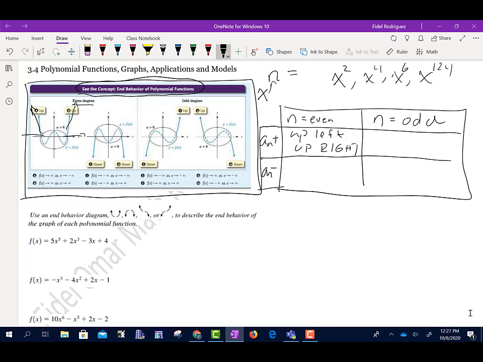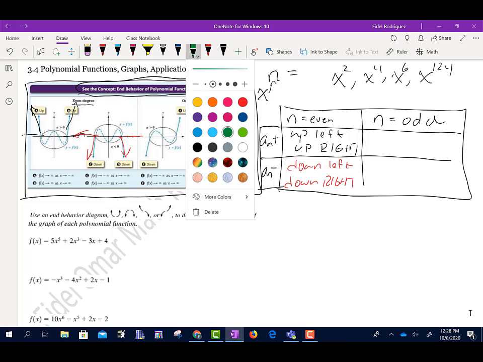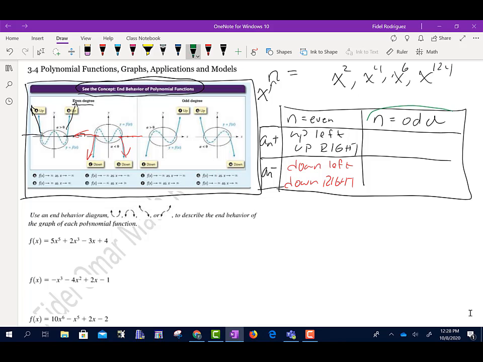And what happens when the coefficient happens to be negative? As I go to the left, the graph is going down, and as I go to the right, the graph is going down. So it's going to be down left and down right. Now, what happens when our exponent is odd?